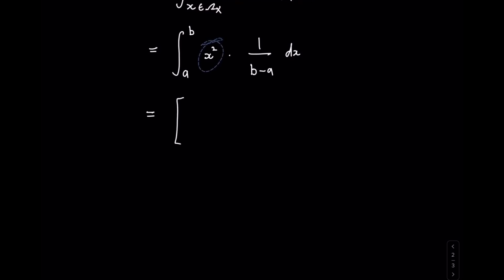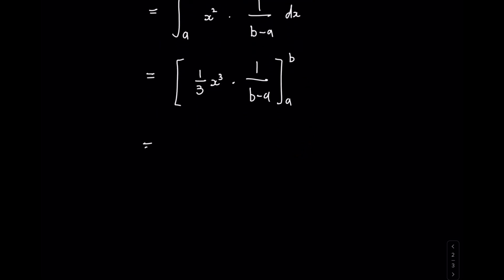So when integrating a power, we add 1 to the power, so that would become 3, and then divide by the new power. So in this case, it becomes 1 on 3 x cubed, and again, it's just multiplied by the factor, because that factor is a constant with respect to x. And again, we've got the terminals a and b on the side.